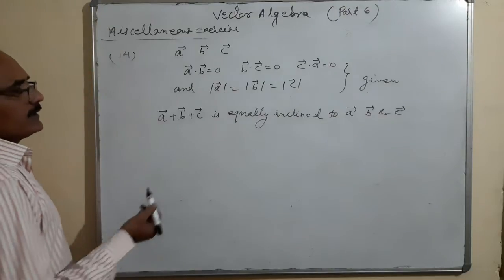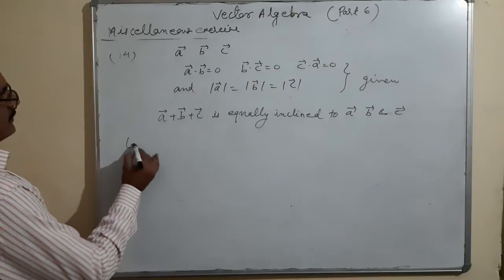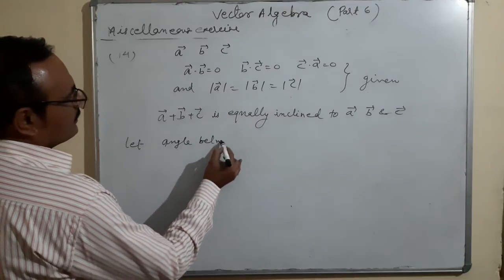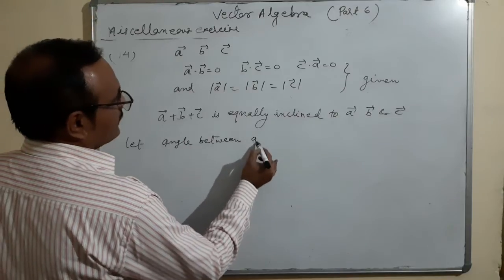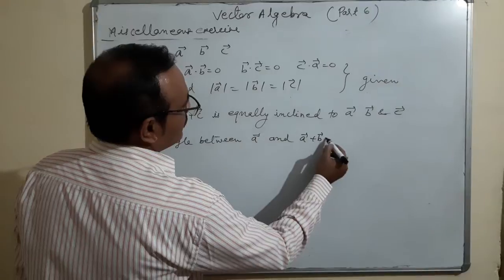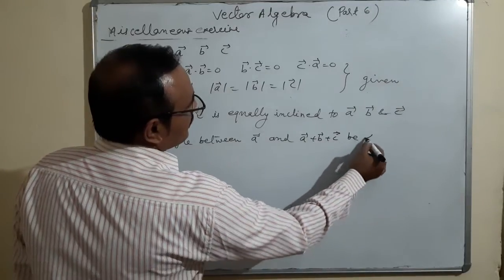Let the angle between vector A and vector A plus vector B plus vector C be alpha.